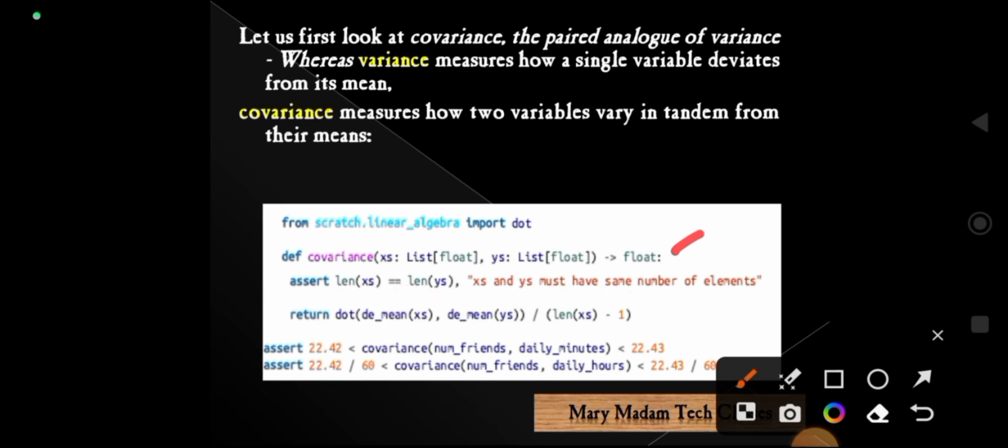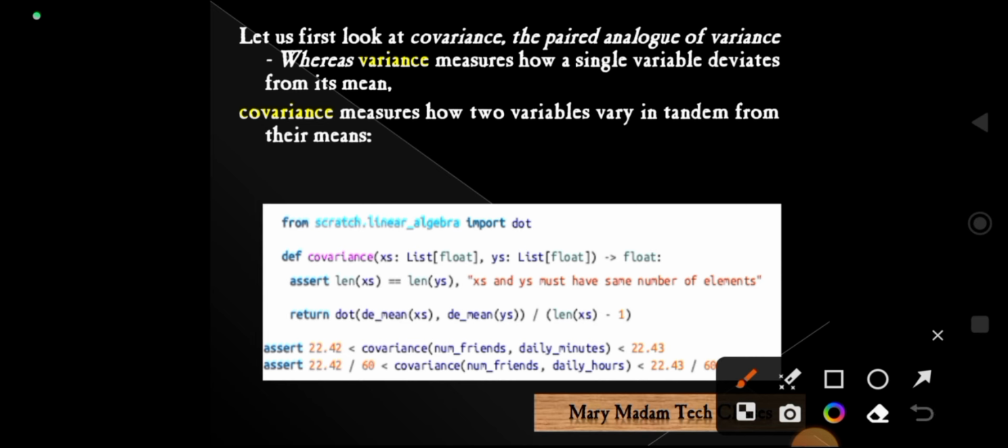Now we return dot of de_mean of xs, de_mean of ys, divided by len of xs minus 1. Since the number of elements in xs and ys is the same, we can take either len of xs or len of ys. But here we are taking len of xs minus 1. This is the formula to calculate the covariance.